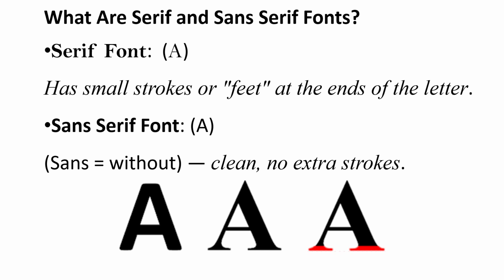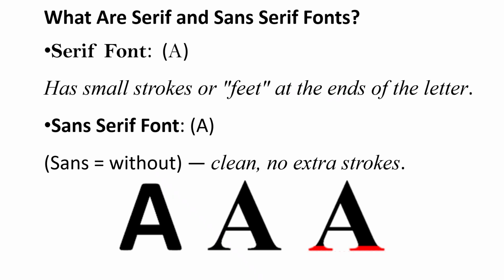Of course you won't be finding a red and black combination like this, but we have made it red to show what we mean by feet or strokes. So a font having feet or strokes, just like the red color feet or strokes shown in the third picture, are called serif fonts, and those without these strokes would be called sans serif.